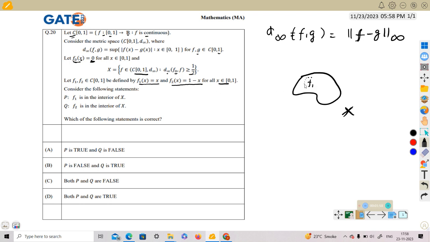If we can find an open ball around f1 contained in X, then f1 belongs to the interior of X. Similarly, if we can find an open ball around f2 contained in X, then f2 belongs to the interior of X.